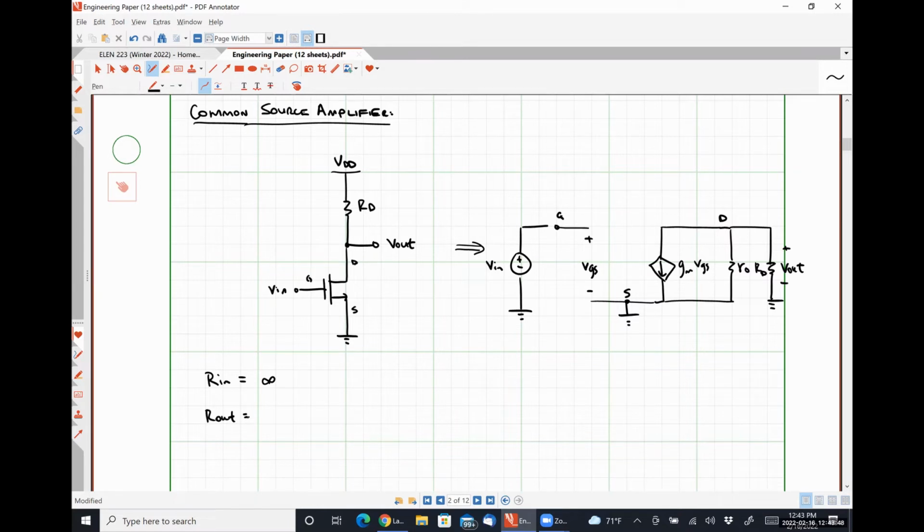So to determine our output resistance, even for MOSFETs, we do the exact same thing. We short out our input voltage source. If Vin is 0, what is VGS? 0. How much current is being supplied by this dependent source? None. So when we look in from this direction, we simply see RD in parallel with R0. Because the current source is open. Exactly right. So if the current source is supplying 0 current, then it looks like an open circuit. Absolutely correct.